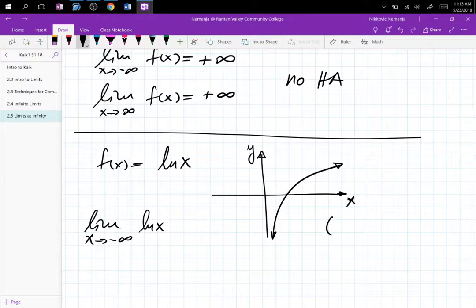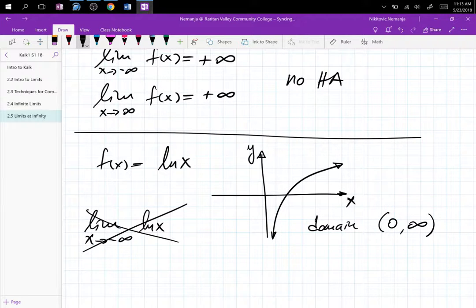The domain for ln, this is why we study it in pre-calculus, is 0 to positive infinity. This question makes no sense. There is no function that goes towards infinity to check its behavior. This would be the same thing as asking what's south of the South Pole?